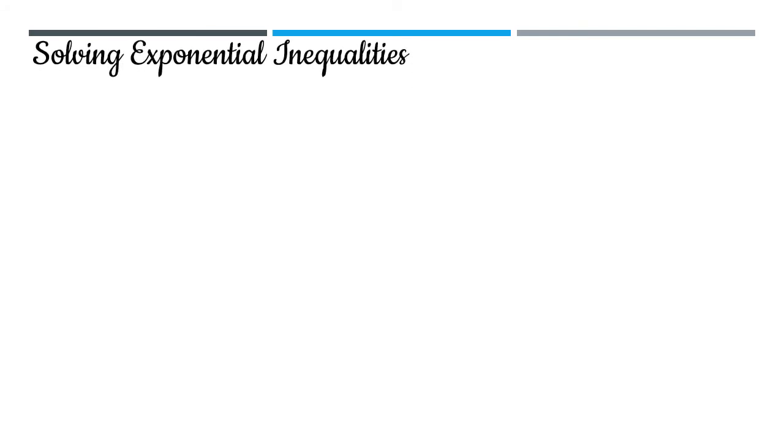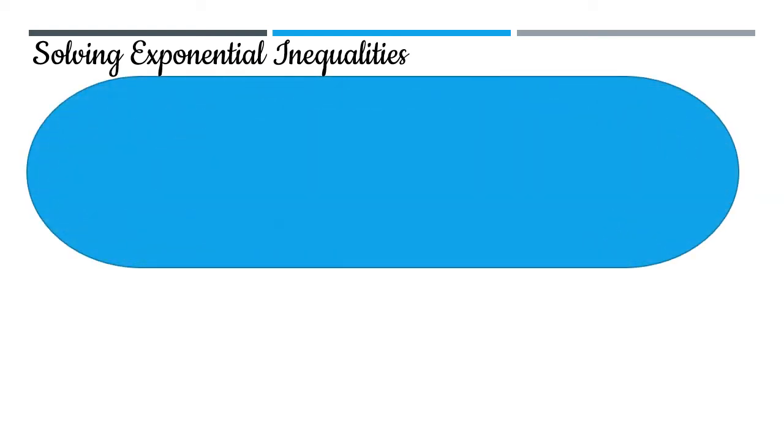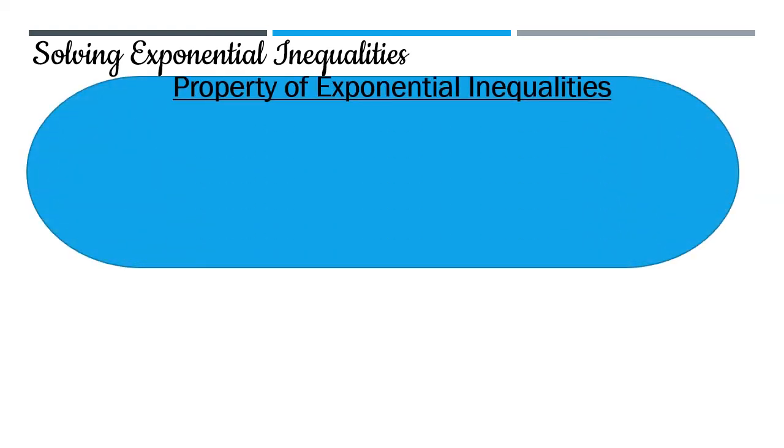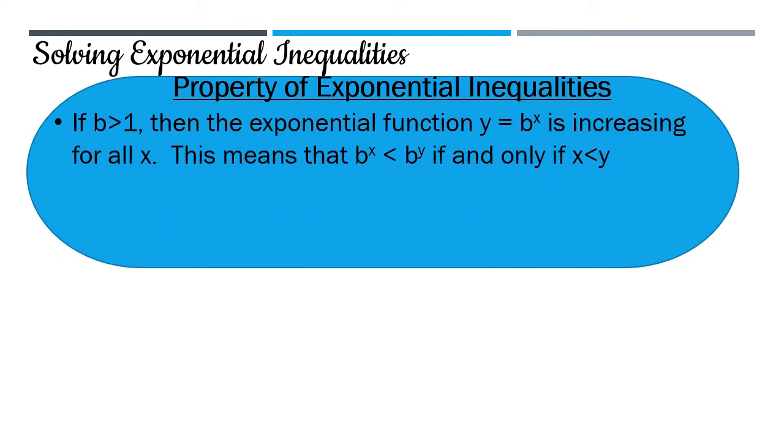Punta naman tayo sa solving exponential inequalities. So, there are properties of exponential inequalities. The first one, if our b is greater than 1, then the exponential function y is equal to b raised to x is increasing for all x.